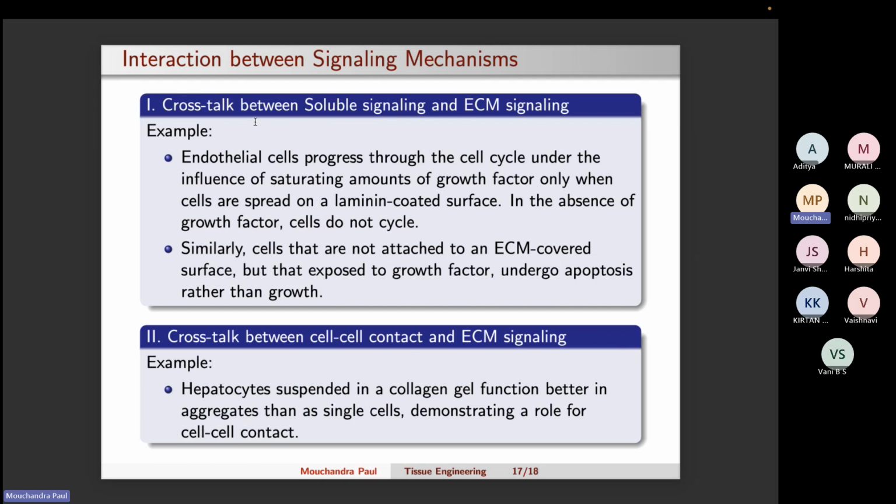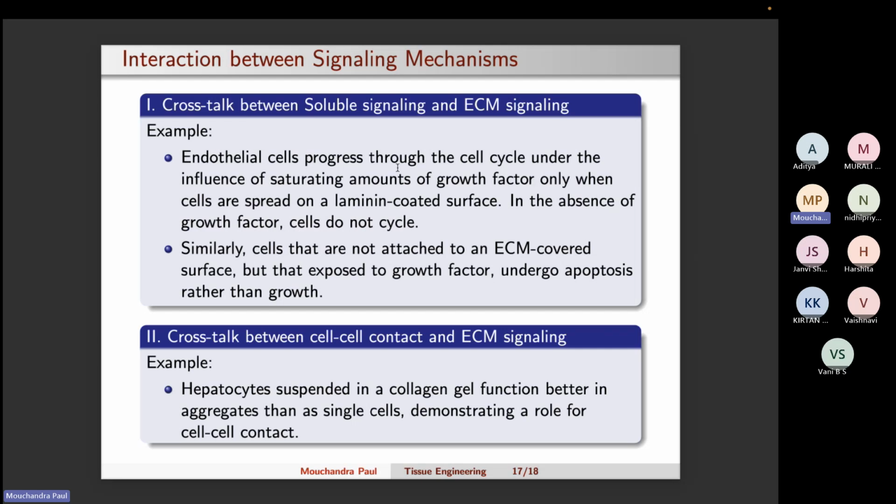First, we'll see the crosstalk between soluble signaling and ECM signaling. When endothelial cells progress through the cell cycle, they do it under the influence of saturating amounts of growth factor. Cytokines are needed for cell growth and differentiation.